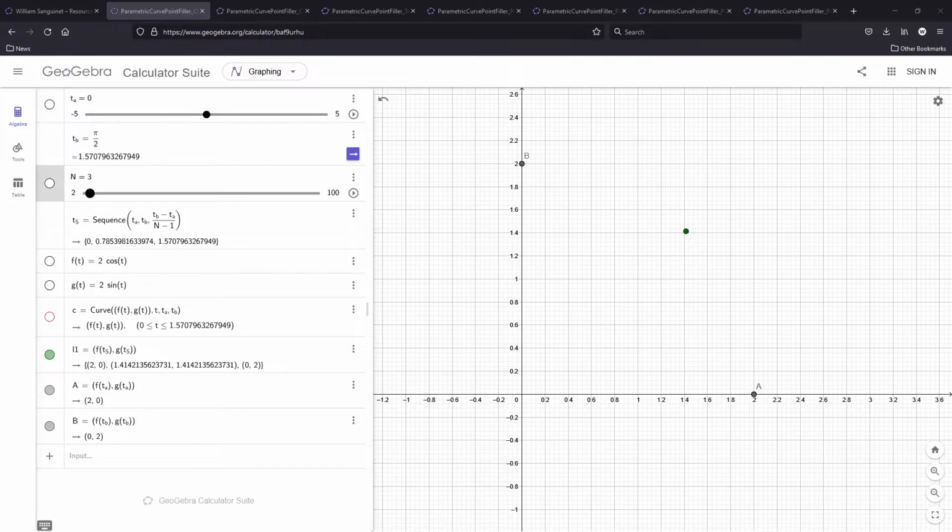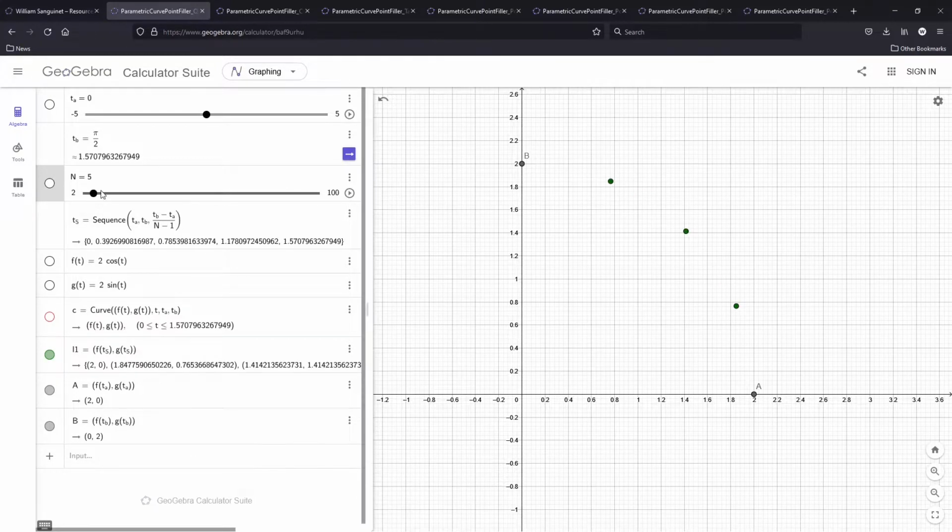Filling out this table for more points is definitely cumbersome, so I don't recommend doing this by hand. It's best to use some sort of tool like a graphing calculator or GeoGebra to plot this out. For 3 points, we have these 3 points that we've shown are on this curve. If I increase to 4 points, these 4 points are now going to be on the curve.